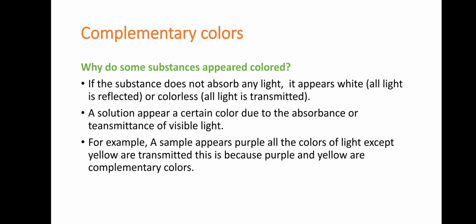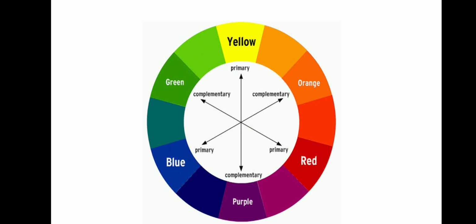That's why if the substance is purple, then the yellow color is transmitted. Now we discuss it in detail. Here you can see the primary color is yellow and the complementary color is purple. The remaining colors of the light are absorbed by the substance except yellow. Then you can see the substance color is purple.